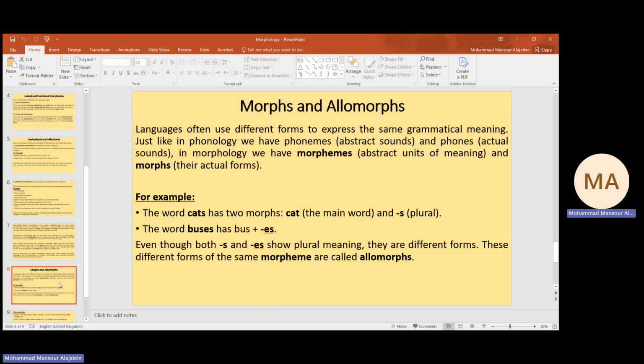And by the way, we can say that morphology and phonology are well related, and they can be discussed and analyzed together in order to have a clear picture of how the structure of some languages works. So even though both s and es show plural meaning, they are different forms, one with e and the other without. So these different forms of the same morpheme are called allomorphs.